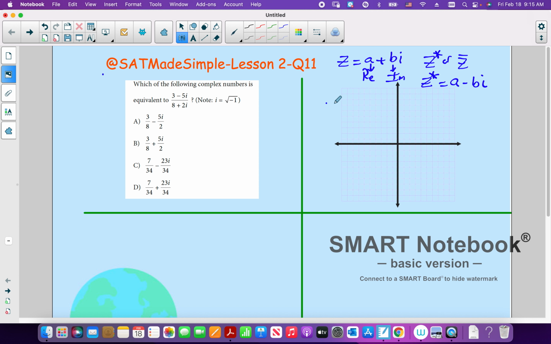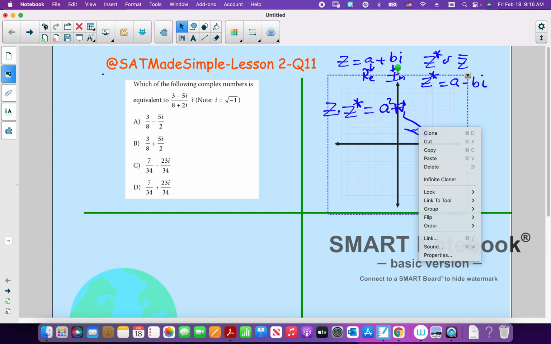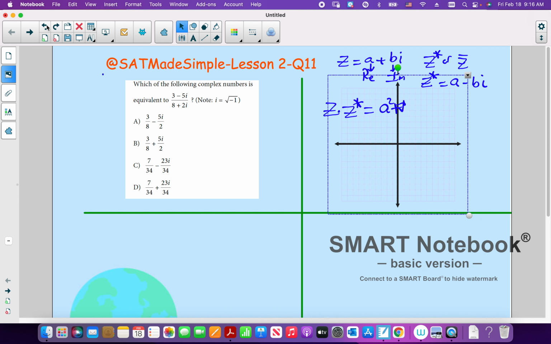Also you need to know that z times z conjugate will always give me a real number in the form of a squared plus b squared.